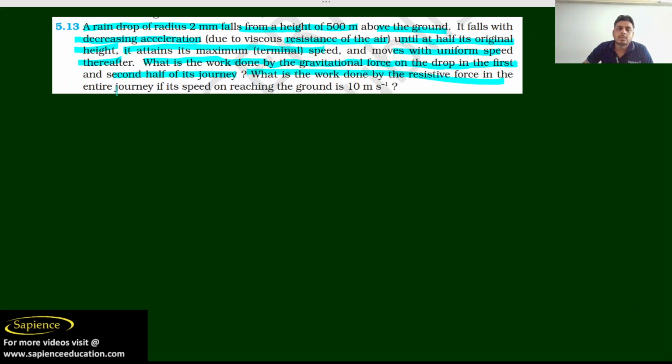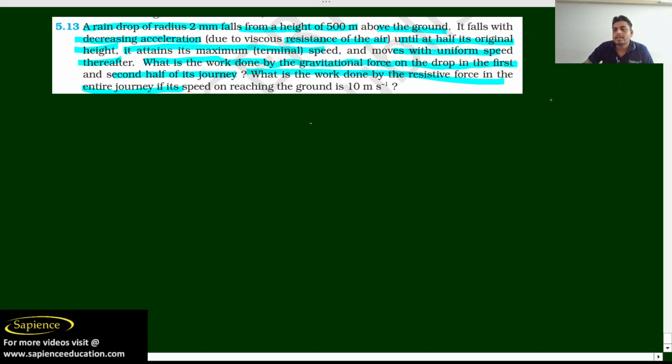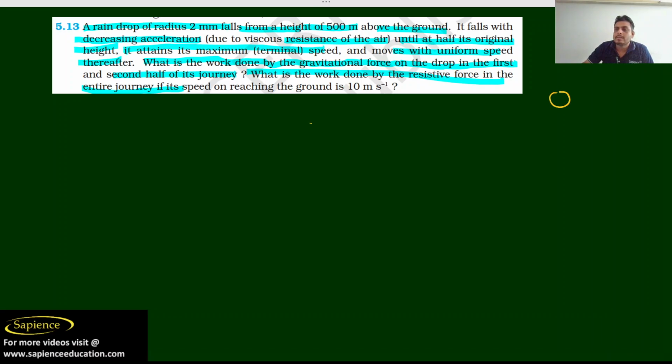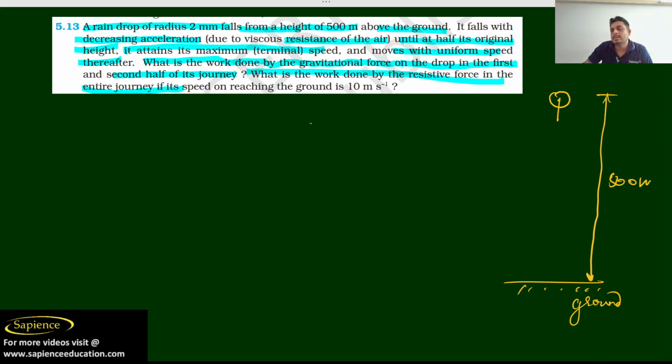Okay, so we need to understand what they are actually telling. Let us consider there is a raindrop, and it is falling, and this is your ground. The total height is 500 meter, and there are two parts.